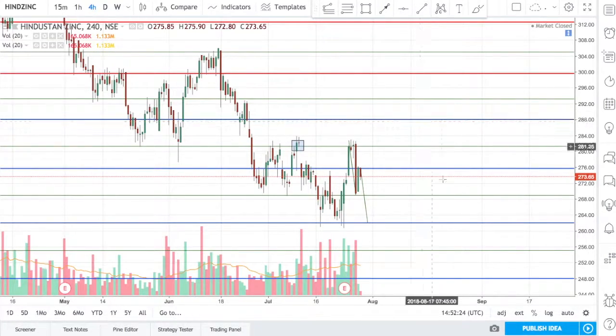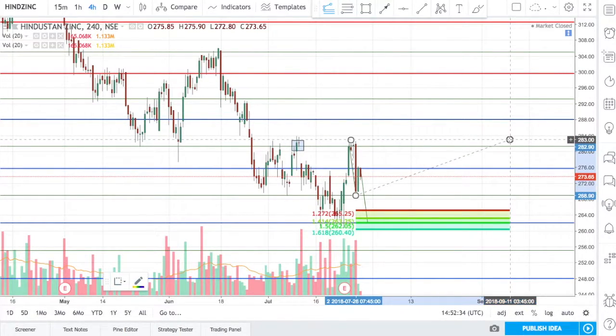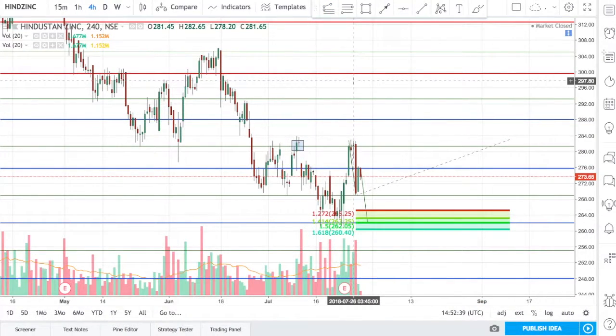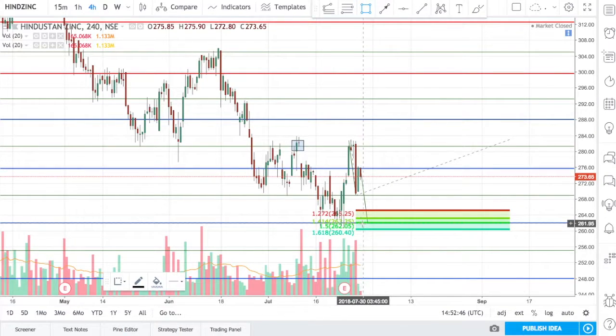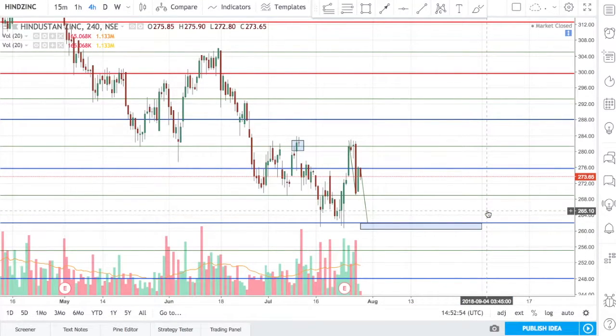And fourth, the fib extension from this point till this point gives us our 0.5 to 0.618 extension right at this level of immediate support. So that is once again a favorable factor in our short trade.